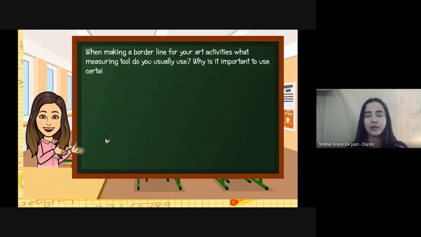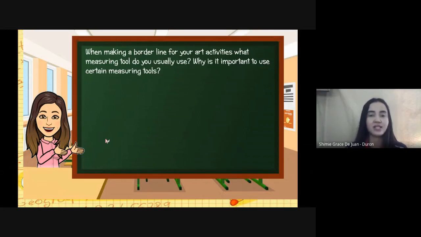When making borderline for your art activities, what measuring tool do you usually use? Why is it important to use certain measuring tools? Can you answer, class? So what are the common measuring tools that you are using when you are making a borderline for your art activities?